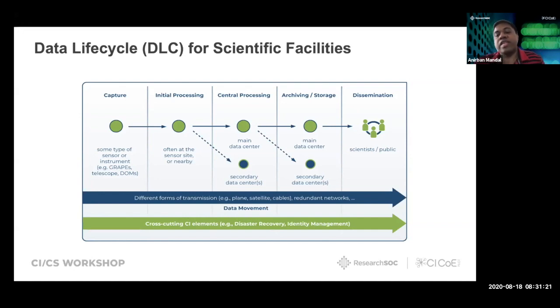So, for example, identity management would be very different for a facility like ARF than for a facility like Gauge or other facilities which might have more reliable internet connection. So the different aspects of the data lifecycle, or the cross-cutting stages, become important for different facilities, and you would need to look into those stages much more closely.